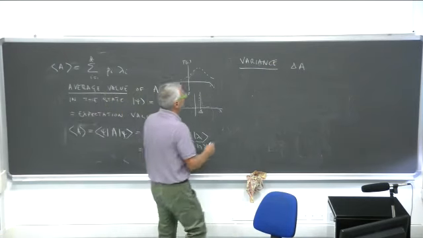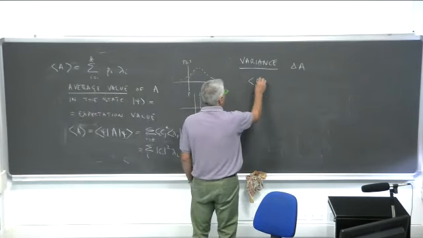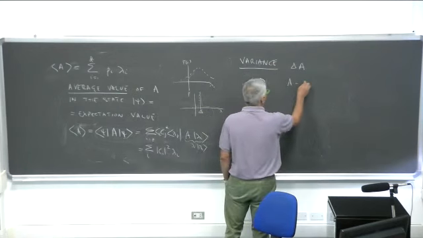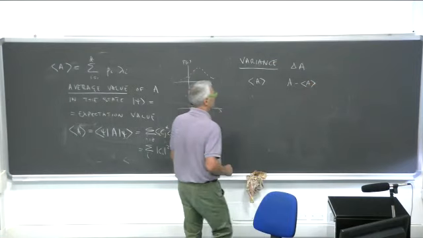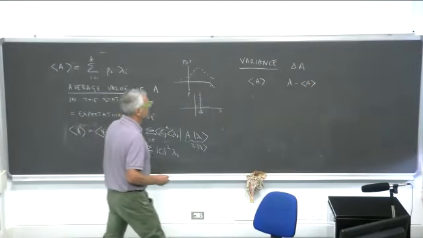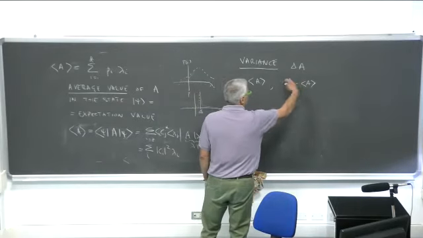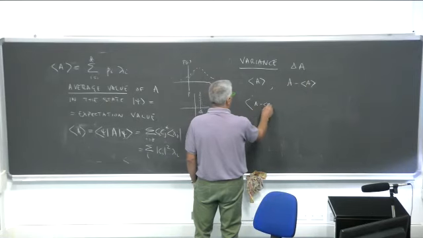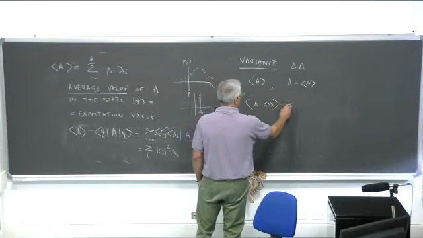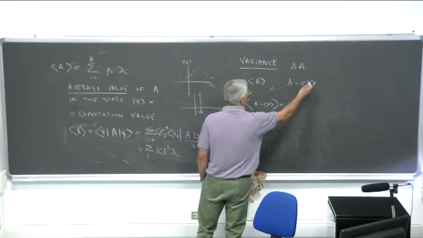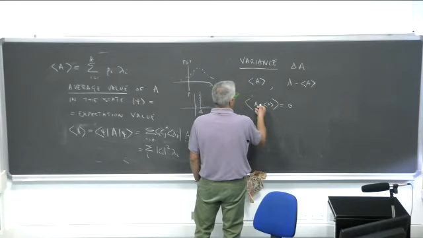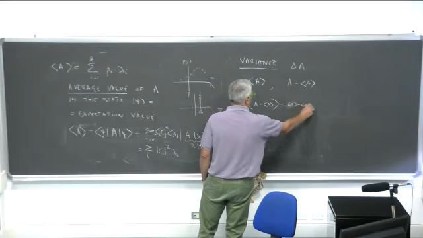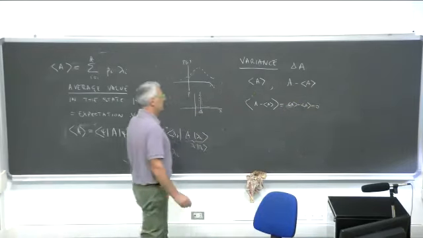We have the expectation value of A, which is some number. So take A minus that expectation value. Then clearly the expectation value of this thing is 0, because the expectation value of this number is the number itself, and so this is A minus A, which is 0.